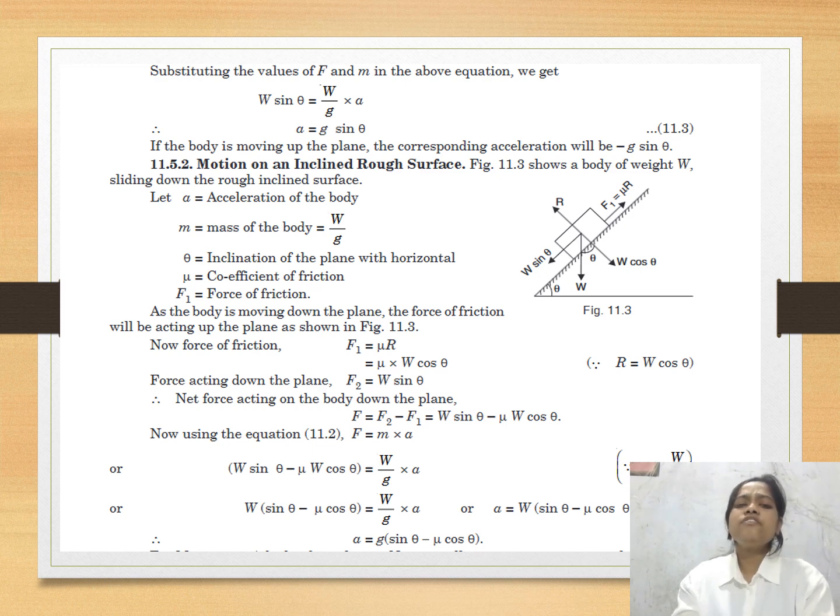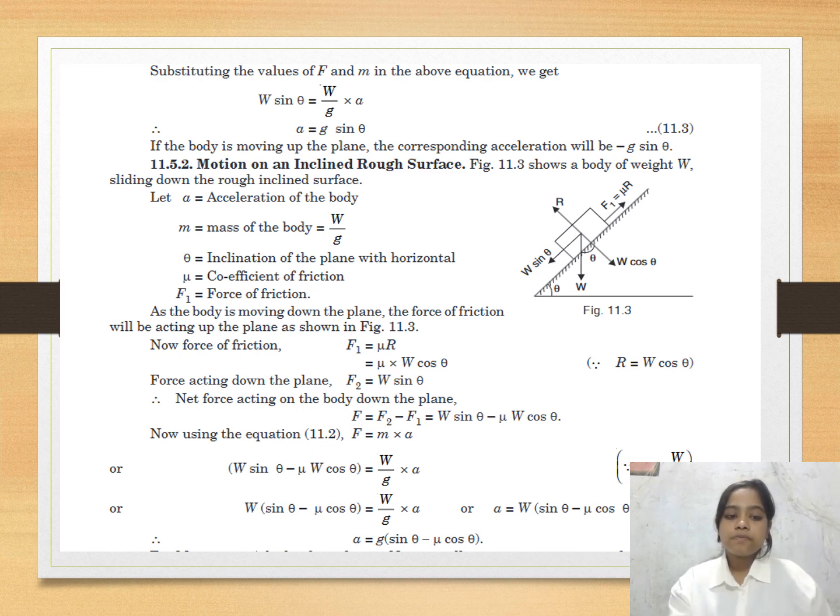Now, similarly, for an inclined rough surface, the figure shows a body of weight W sliding down the rough inclined surface. Let a equal the acceleration of the body, and m equal the mass of the body, that is W by g.